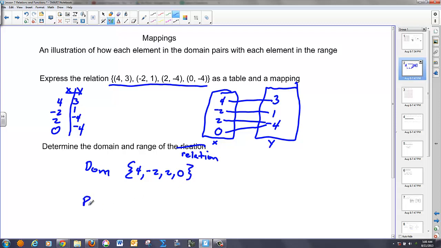When I talk about the range, it's a set of the values 3, 1, and -4, much like the map. No need to repeat those numbers.